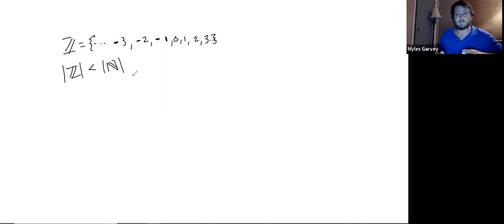Actually, no. Why? Well, remember, if I can find a bijection, f, between Z and the natural numbers, then those two sets have the same size. So what's that bijection? Let's do a count. Let's say we start at 0 and we go to 1, and then from 1, suppose we go to -1, and then from -1, suppose we go to 2.